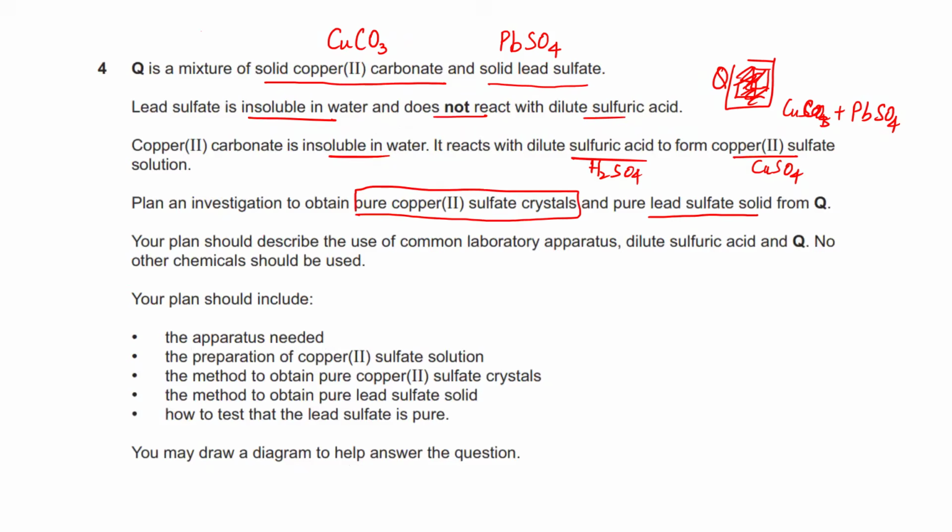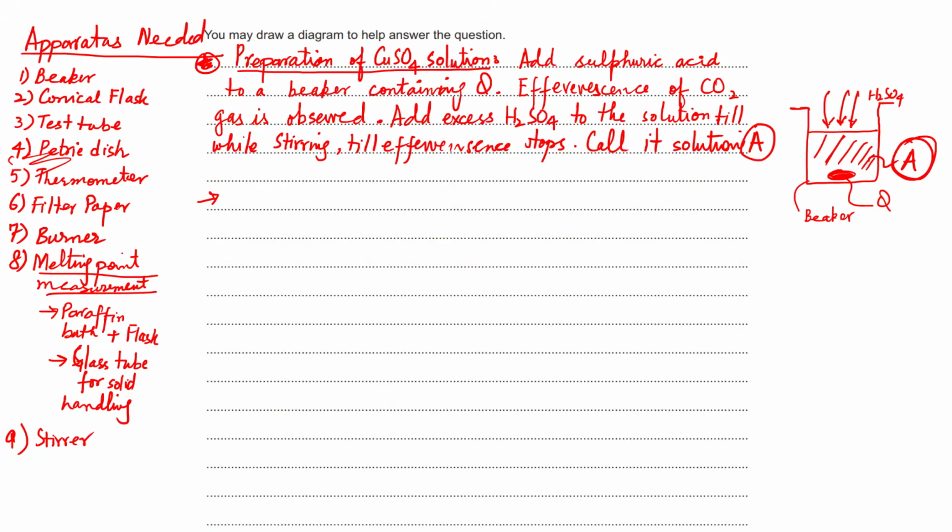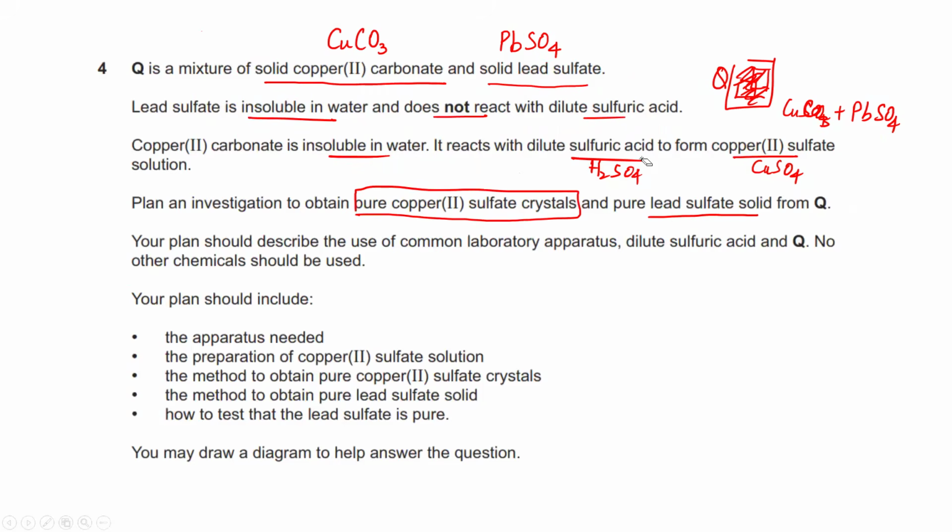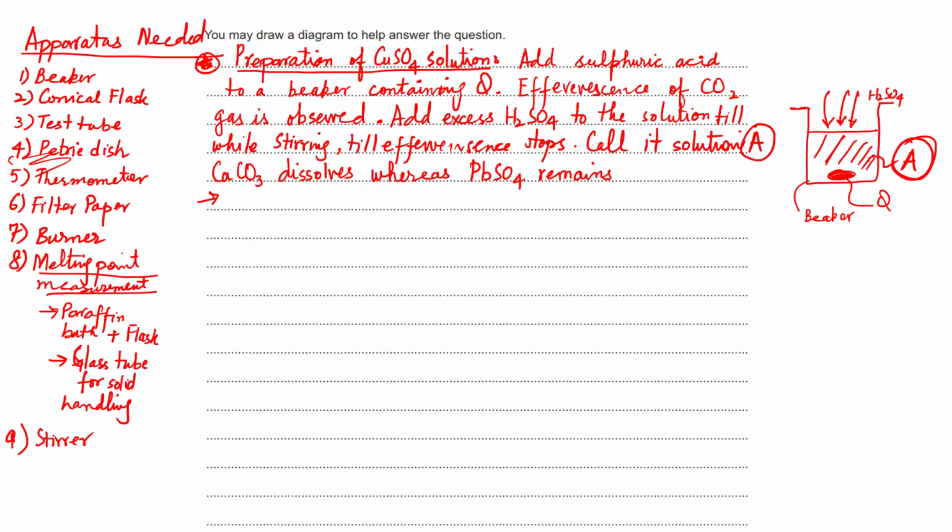So the copper carbonate in solution A dissolves, whereas lead sulfate remains. Okay, it is not dissolved. So see, lead sulfate does not react with dilute sulfuric acid. Lead sulfate remains.